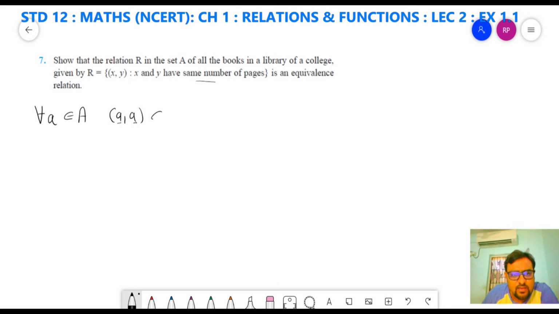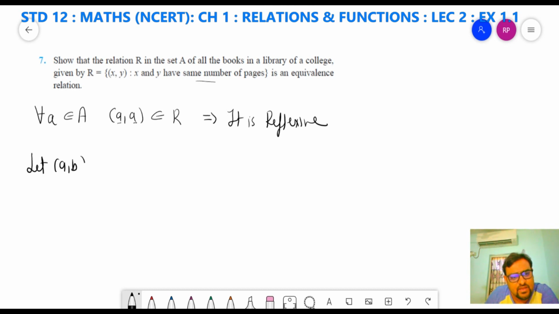So (a, a) belongs to R, that means it is reflexive. How is it reflexive? Because a and a mean both are one and the same book. The same book will have the same number of pages. Clear?